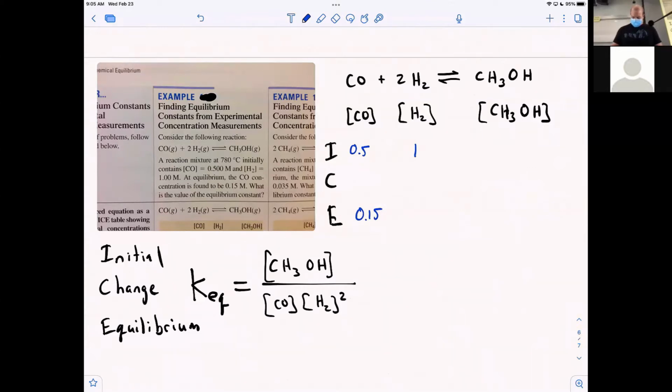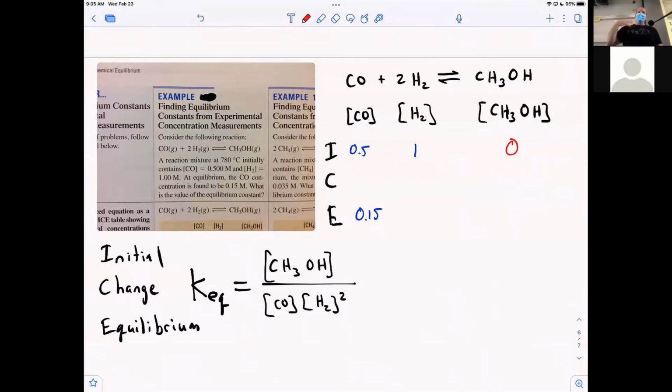So now let's infer some information. Initially, we can assume that the methanol concentration is 0 because I didn't mention it, right? If I came into class today and said, I have a $5 bill and 2 $1 bills in my wallet, and then I ask you how many $100 bills do I have?